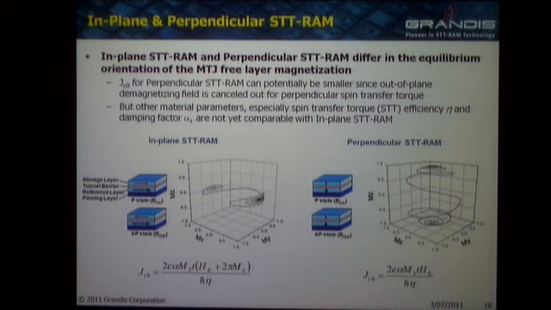Right now, the materials you need to create these perpendicular MTJs are not as advanced as in-plane. So the way we see it is that the in-plane will be commercialized first and will scale to a certain point, probably around 20 nanometers or a bit beyond, and then we'll switch to perpendicular. In principle, you can get lower switching current density from the perpendicular case. The issue right now is that the materials don't quite do that yet.